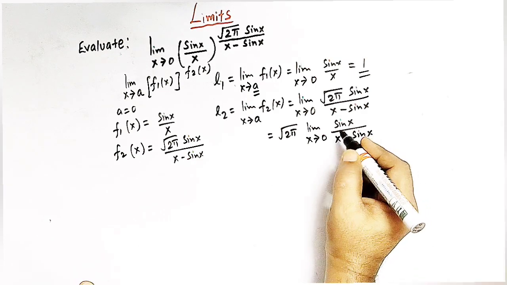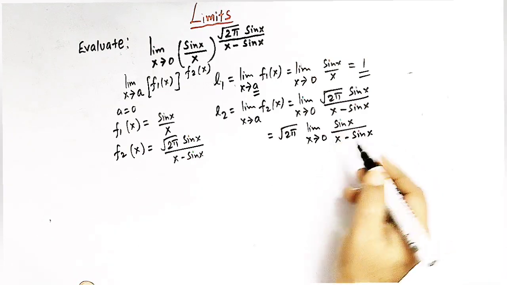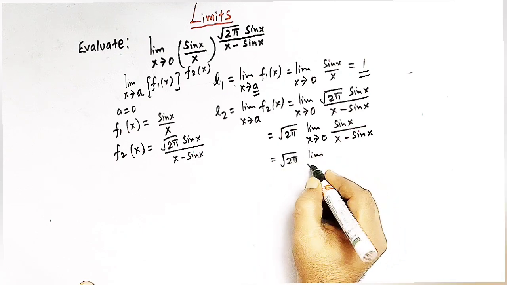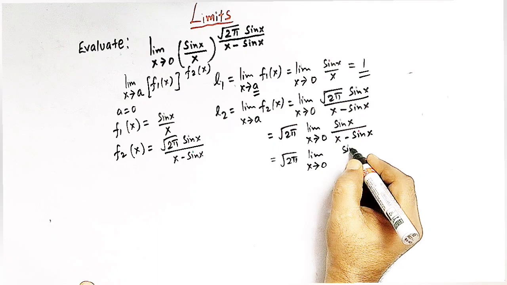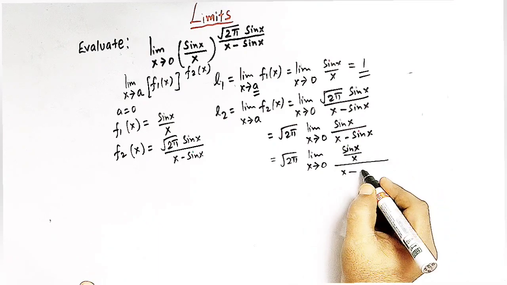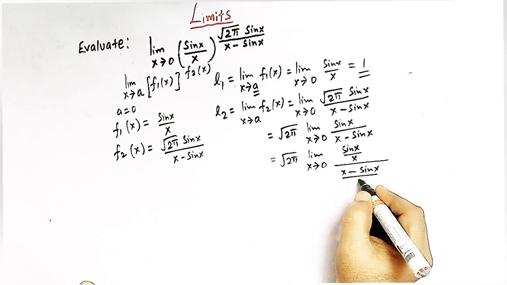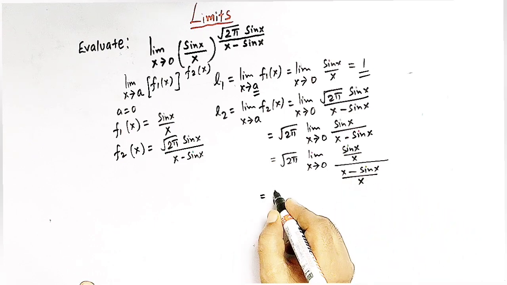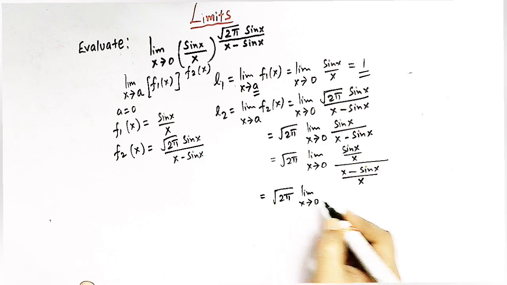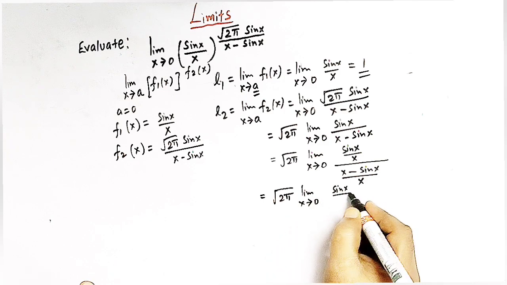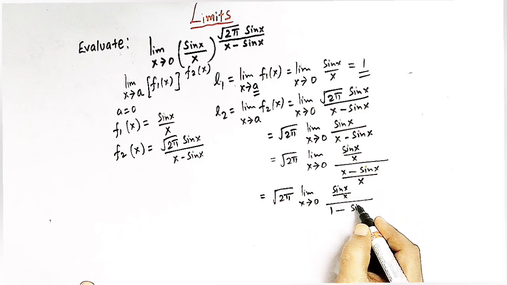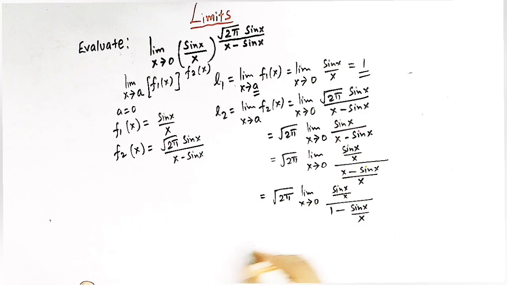Now dividing the numerator and denominator by x, we can write this limit as limit x tends to 0, with sine x divided by x in the numerator, and x minus sine x divided by x in the denominator, right? So we can write square root of 2 pi limit x tends to 0 of sine x over x, divided by 1 minus sine x over x, right?